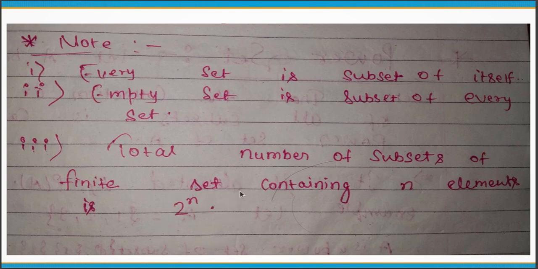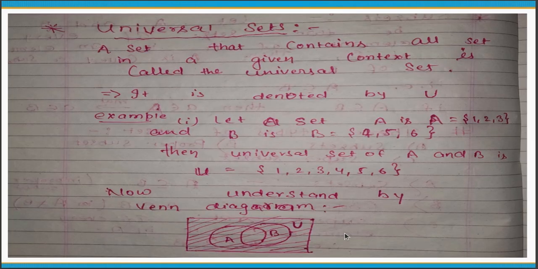How do we find the total number of subsets of set A? If the number of elements in set A is n, then the total number of subsets of A is 2 to the power n.